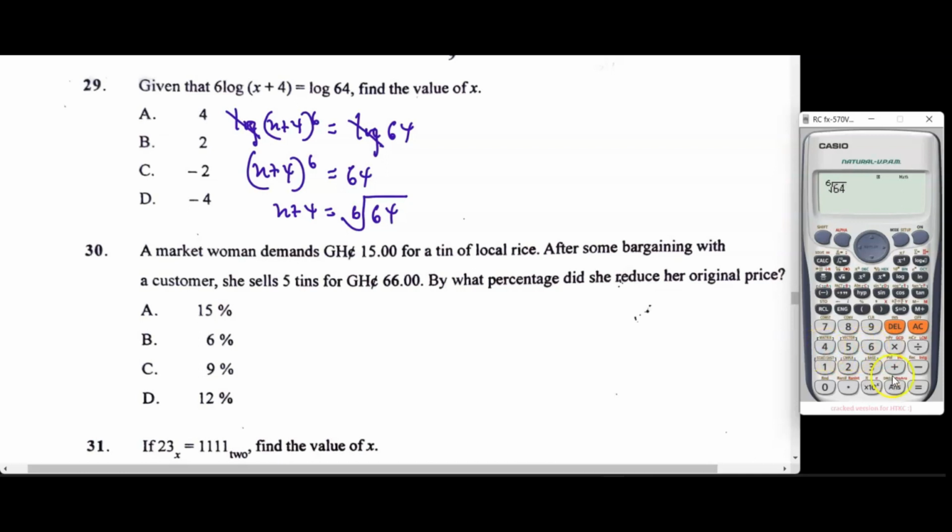And that is a perfect answer of 2. So we have x plus 4 equal to 2, because the sixth root of 64 is 2. So x will be equal to 2 minus 4, and x is equal to negative 2, which is possible answer C. Let's go to question 30.